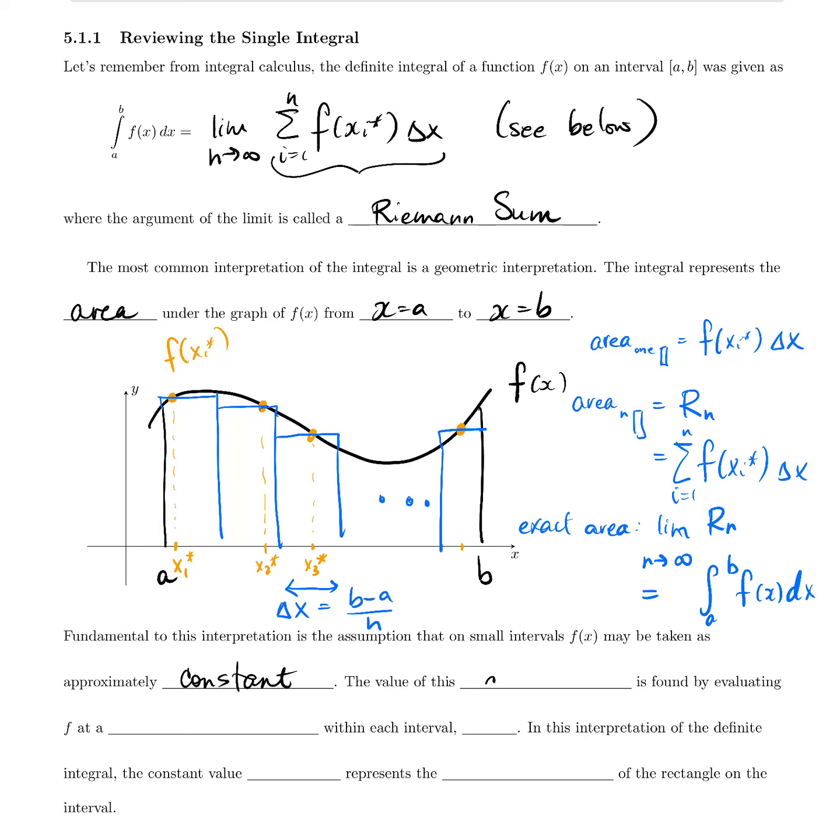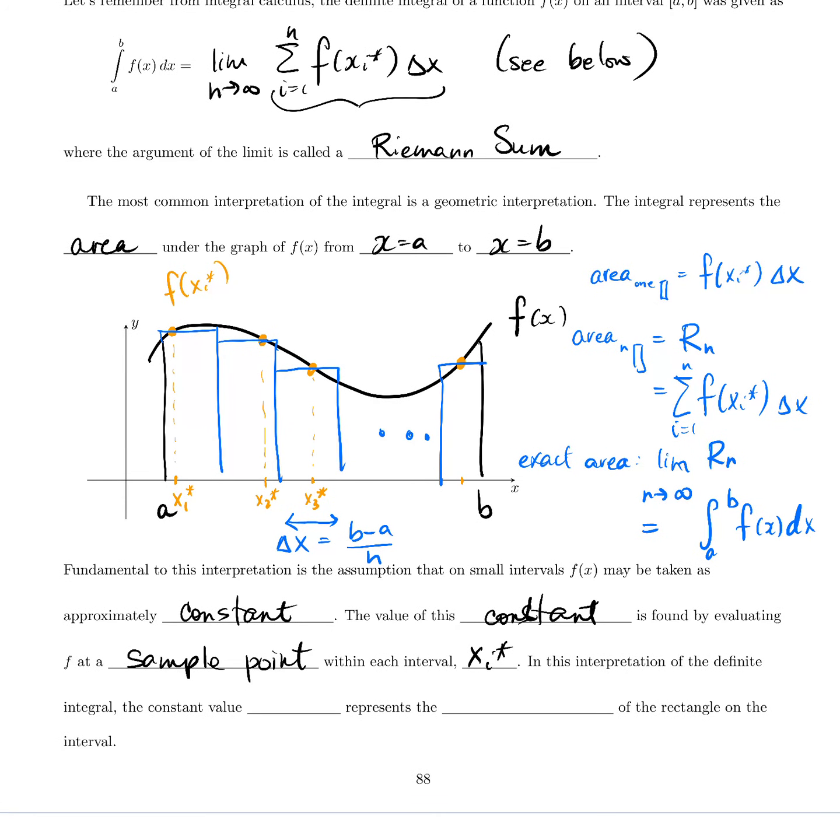And the value of this constant is found by evaluating f of x at what is called a sample point within each subinterval, and that sample point is your xi star. In the interpretation of this integral as area, the constant value is f of xi star, and it represents the height of the rectangle on the interval.